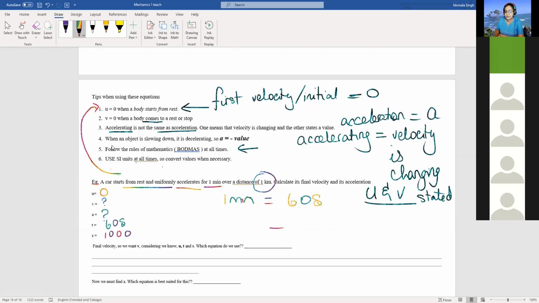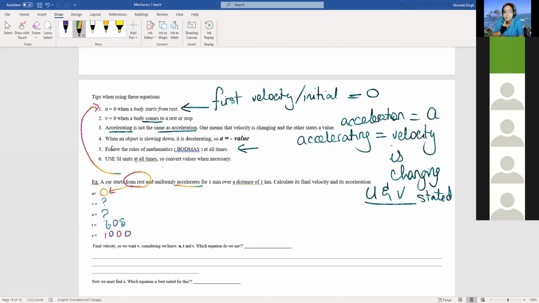Let's go through again how to mine your question for your values. You see how we get a whole bunch of values from your question? So a car starts from rest. Starts from rest means that the initial velocity is 0. Okay, that's from the notes. It accelerates. Accelerates means it is speeding up. They did not tell us our acceleration.